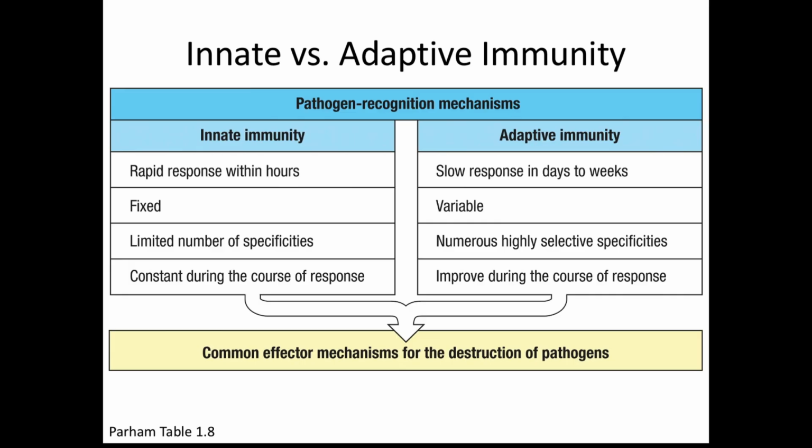So we have these responses that don't change between a first and second infection versus those that improve with exposures or show memory. We have early timing versus late timing. We have broad versus specific. And specific, of course, involves VDJ recombination, a response to a particular pathogen, versus this more broad response to broad groups of stimuli.